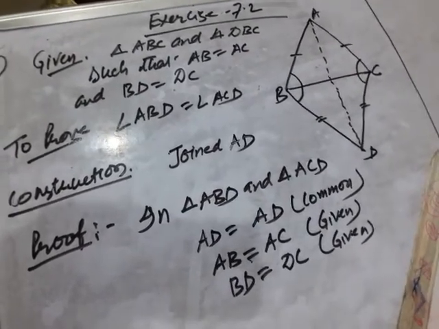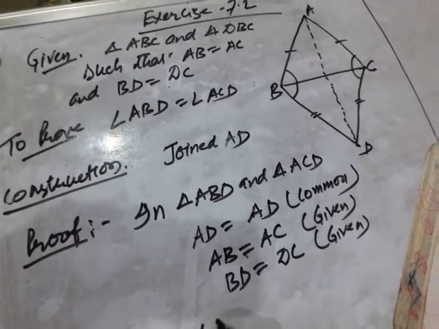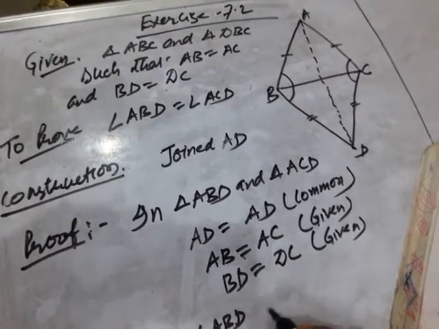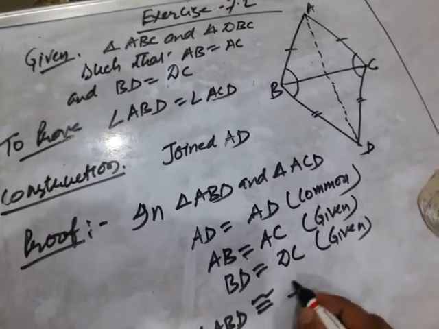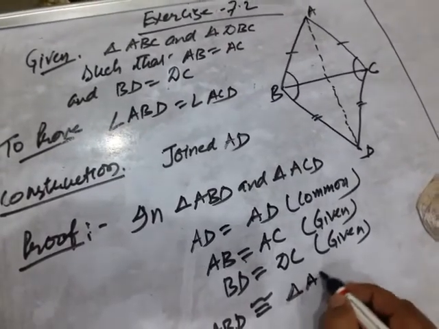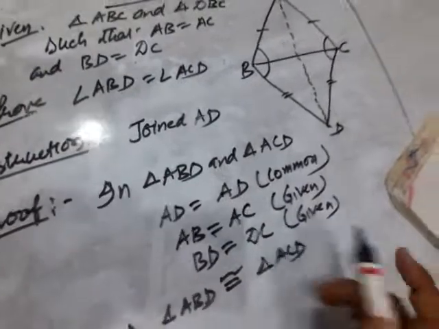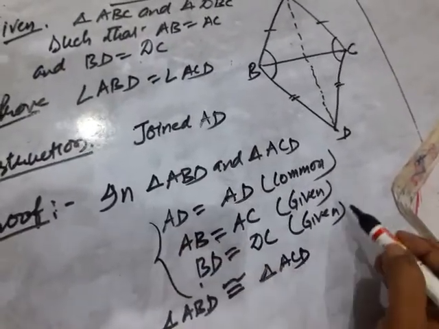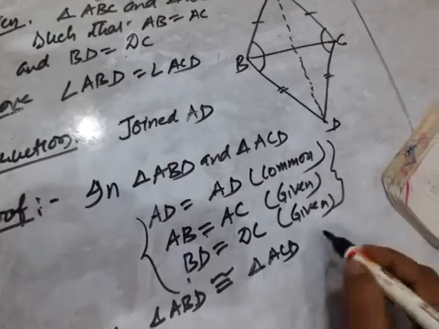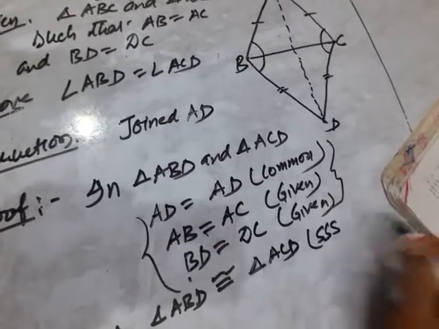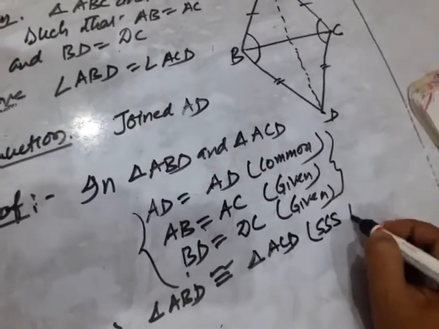Okay, children, this implies that triangle ABD is congruent to triangle ACD. By which rule? All the three sides of one triangle are equal to the corresponding three sides of another triangle. That is by SSS congruence, the SSS rule.